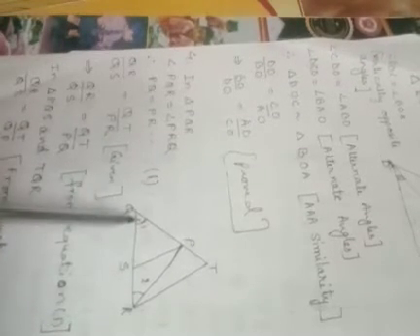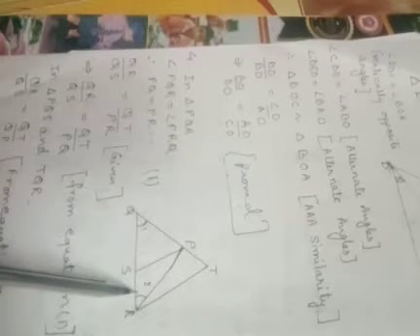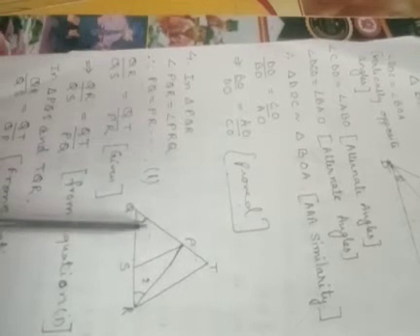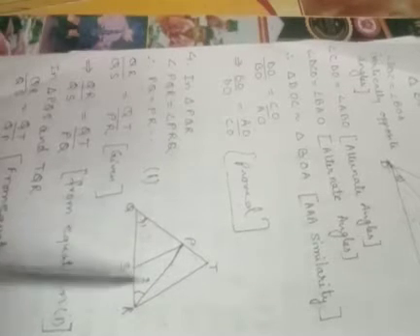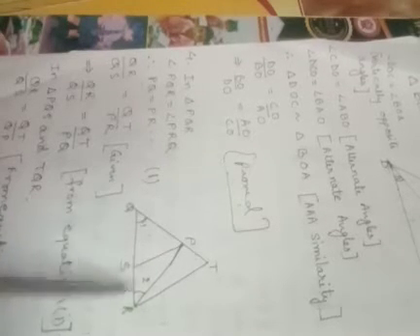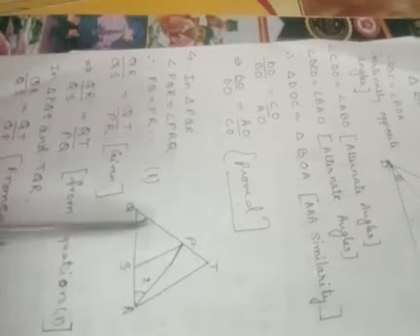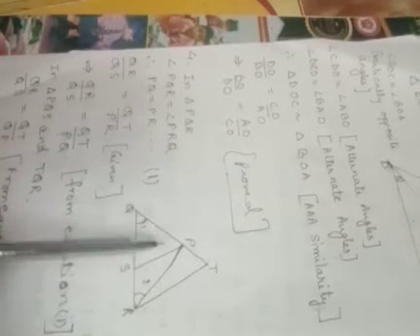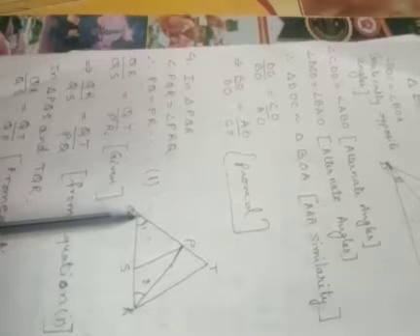Here in triangle PQR, angle PQR is equal to angle PRQ, which is given in the question. Angle 1 is equal to angle 2. So if angle 1 is equal to angle 2, that means if two angles of the triangle are equal, then the sides opposite to the equal angles are also equal.